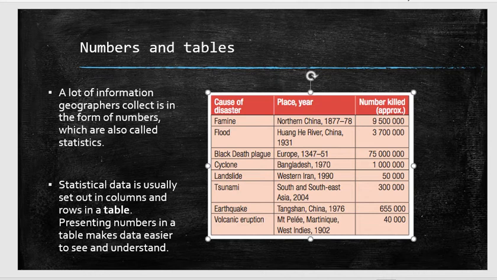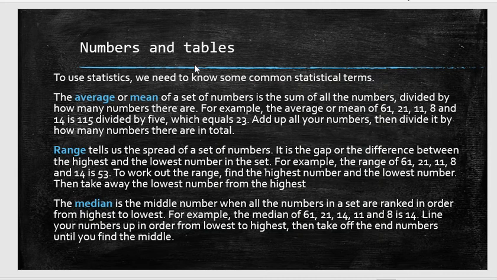Now, if you remember, what we have been doing is getting our numbers or our data into averages, ranges, and medians. So if we remember that the average, or the mean as it's also called, is the sum of all numbers divided by how many numbers there are.